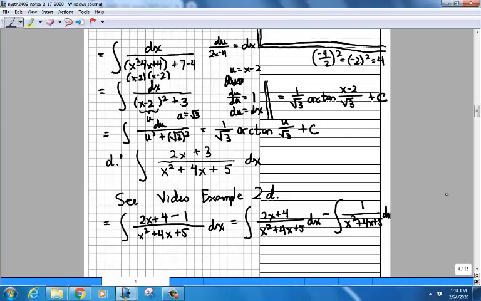But now, what can we try here? Completing the square. Now we can try completing the square in the denominator. You don't want to use substitution here, right? We are going to use substitution eventually, but after we have completed the square.